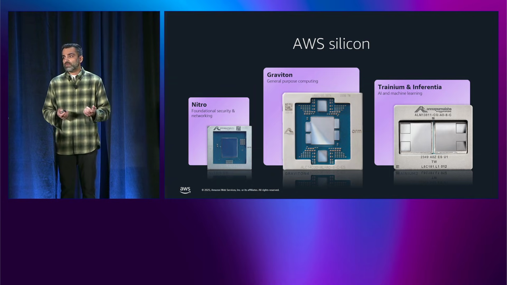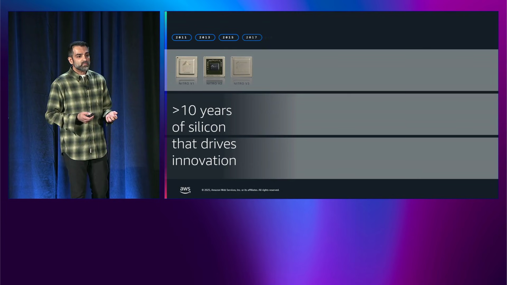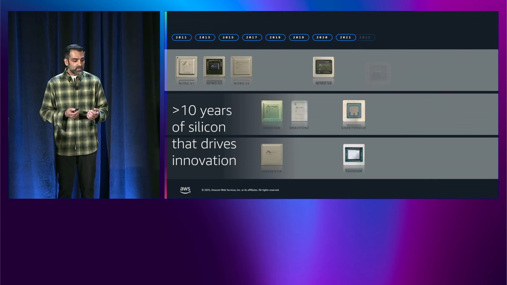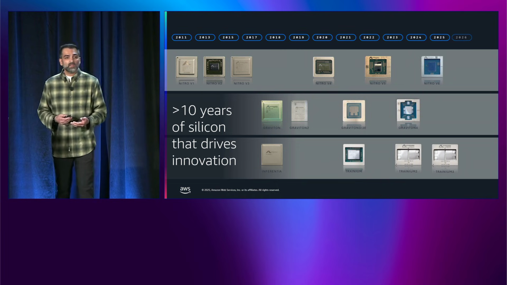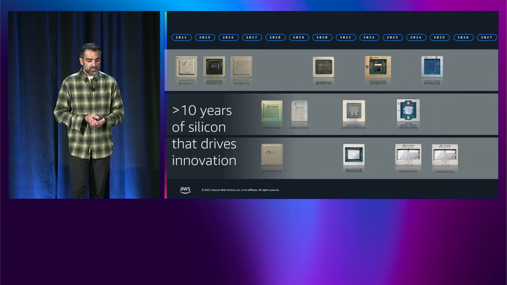And we've been doing this for a very long time, right? Now over 10 years. And in that 10 years, we've produced and got to market many chips across our 3 product families. And now with Trainium 3 launching this morning in the keynote, this is our 4th generation ML chip, right?